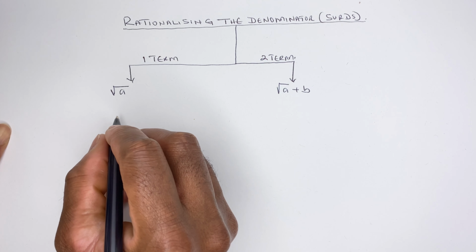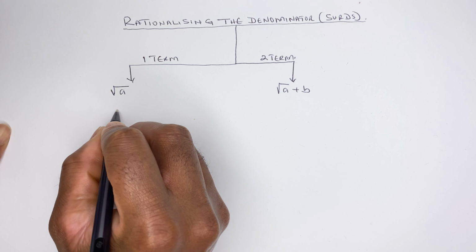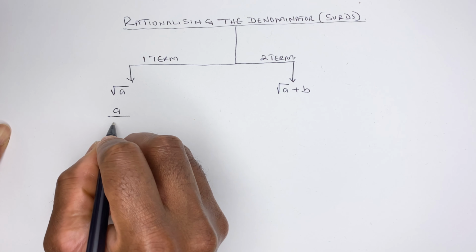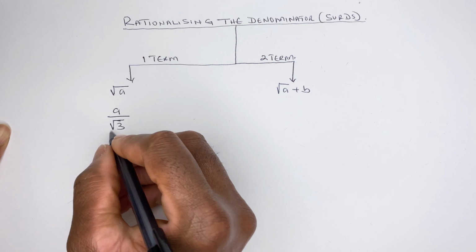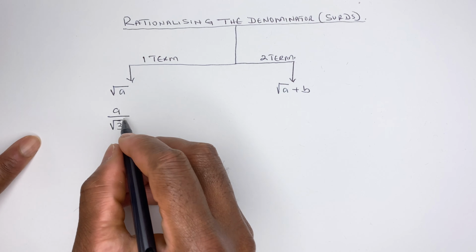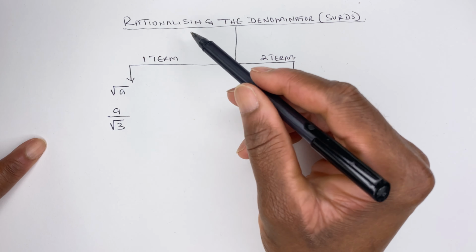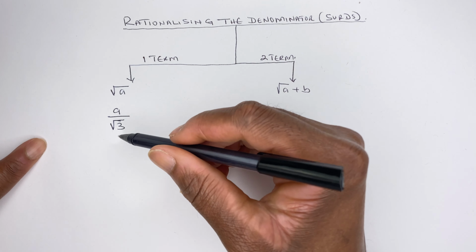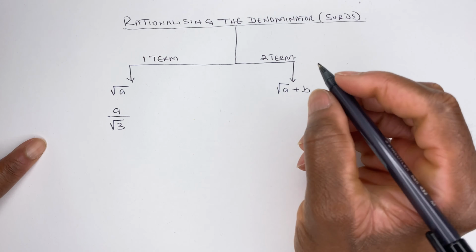So let's try 9 over root 3. The denominator is one term. Rationalizing means that we need to remove the surd in the denominator. We don't want a surd in the denominator.